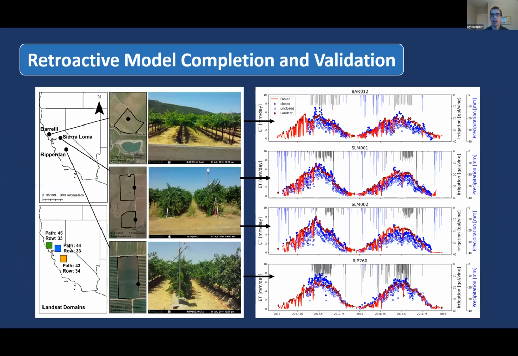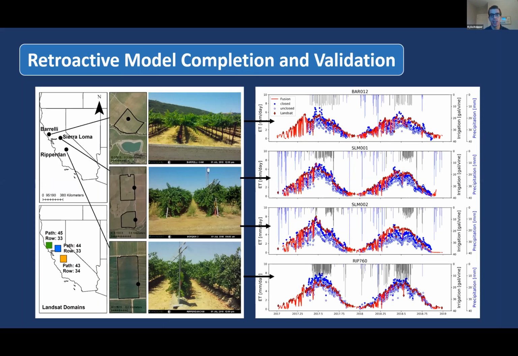Now, as part of GRAPEX, we have 3 separate domains. They've been talked about quite a bit over the last few talks. Although there is a lot of science and information regarding the tower information of these GRAPEX sites, I'm mainly going to be talking about using them as validation for the remote sensing model.